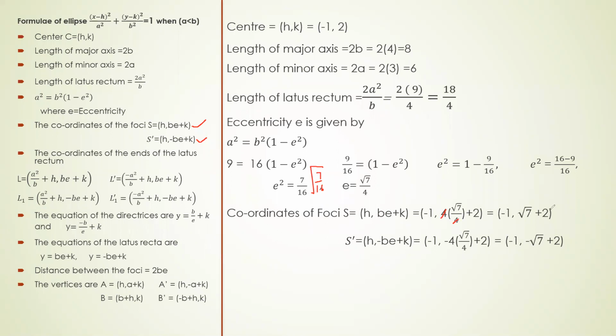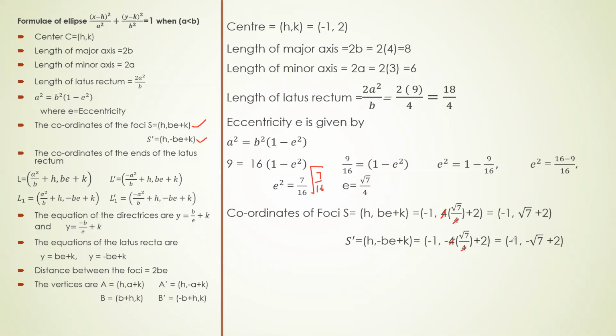And then the other one is h comma minus b e plus k. Again we will substitute minus 1, comma, the b value is 4. Here it is minus, so minus 4, the e value is root 7 divided by 4, plus 2. So again, 4 and 4 get cancelled.